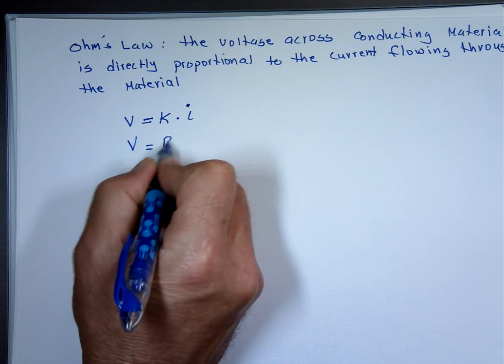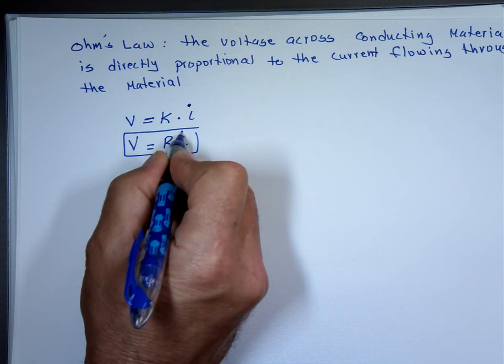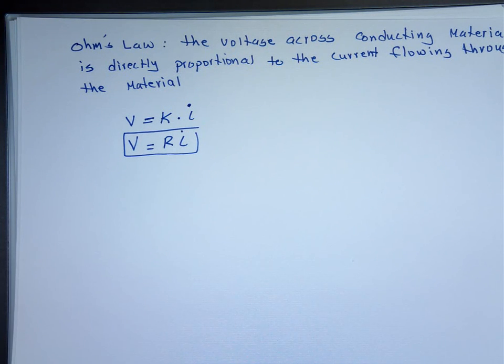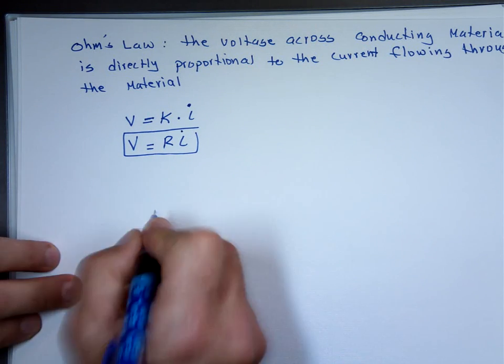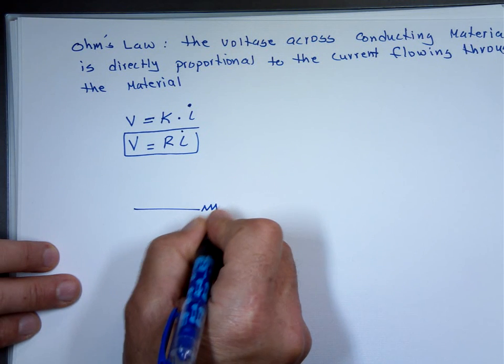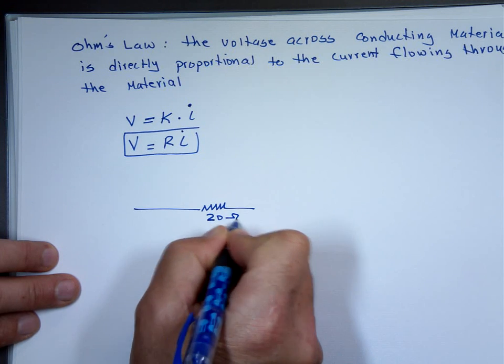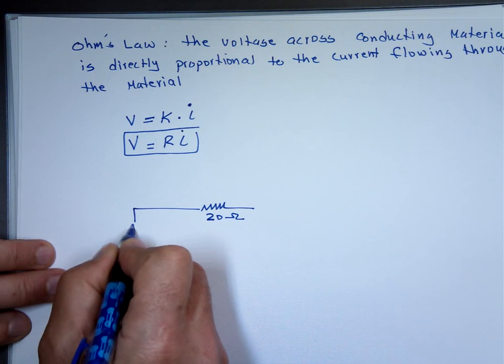And that's what Ohm's law is, V equals Ri. The voltage is directly proportional to the current. By how much? By the value of R. So if I have a resistor here of 20 ohms, and I have a current source supplying current in that direction of 2 amps.